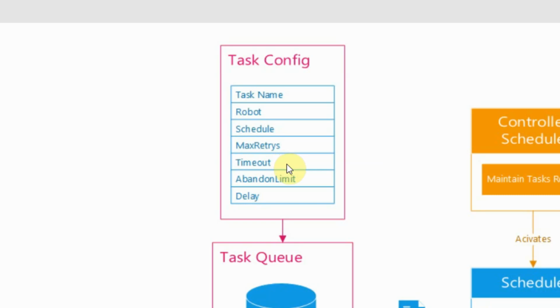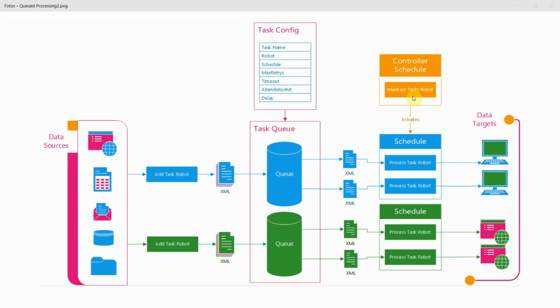And if this time is over, the main task robot can implement alerting, for example, by email to get notifications of overdue tasks. There are also a couple of other values that can be set, for example, a delay. That might be that you add a task into the queue, but it shouldn't immediately be started. It should wait, for example, for an hour and then start after an hour.